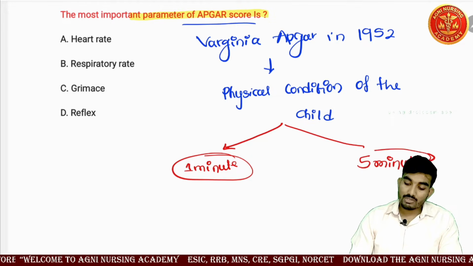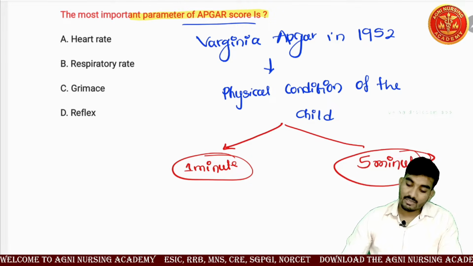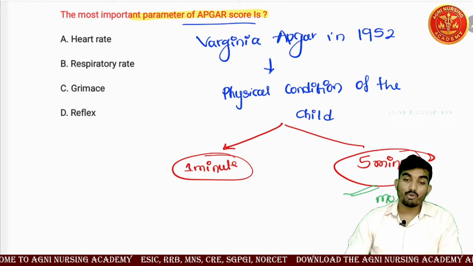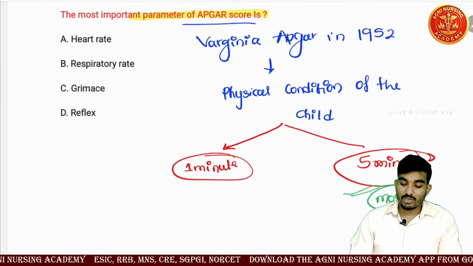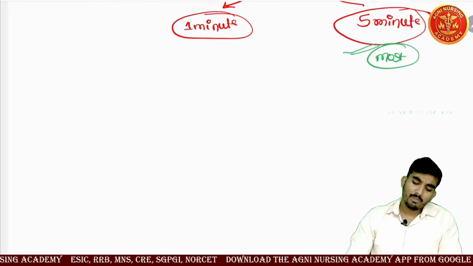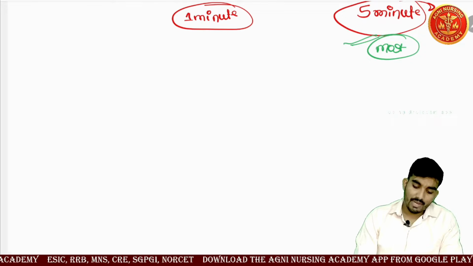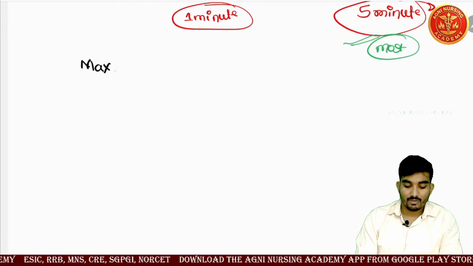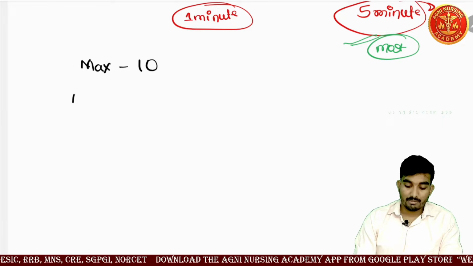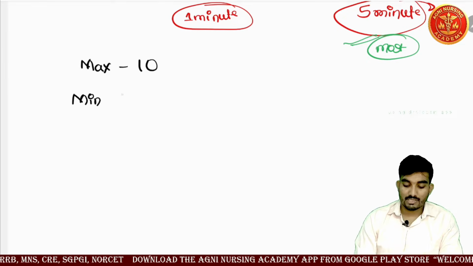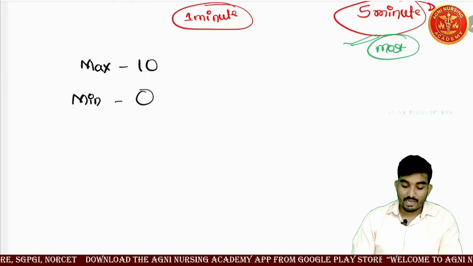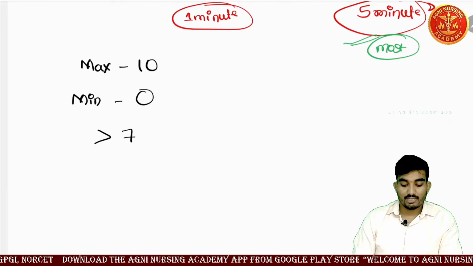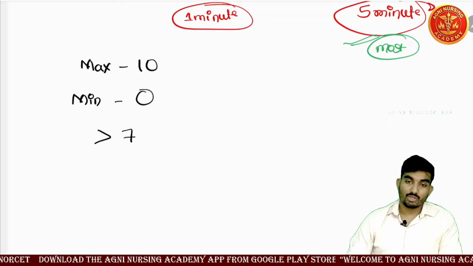But the most reliable finding is at 5 minutes. The maximum Apgar score is 10, and the minimum Apgar score is 0. A score of more than 7 is the normal score.